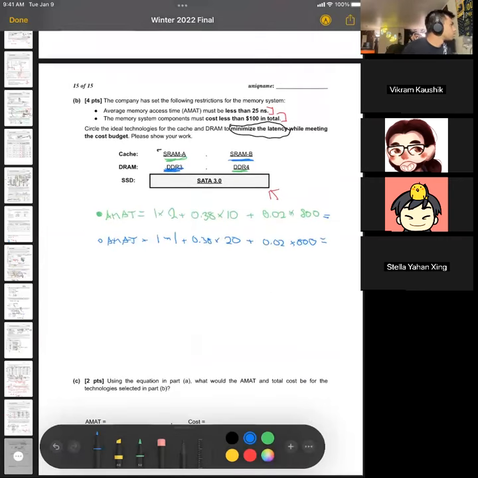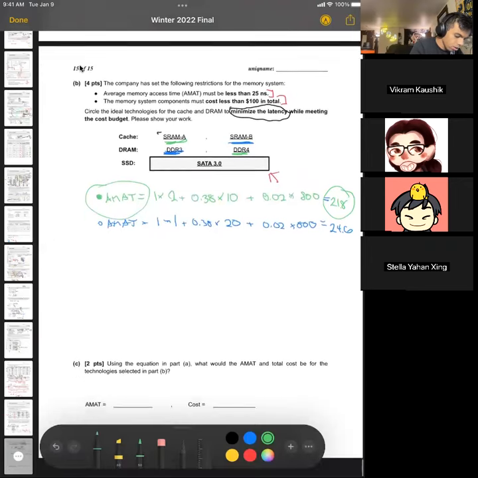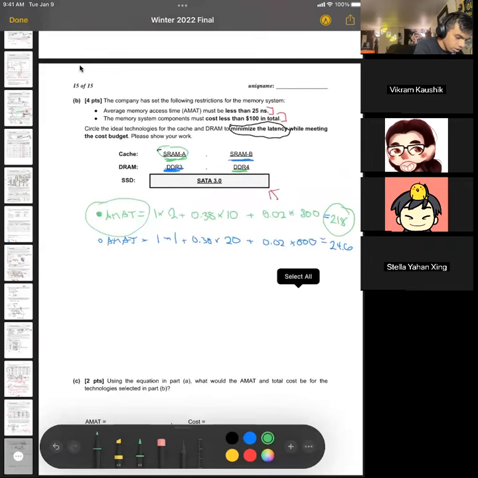If not, I can. I think the first one is 21.8. Okay. And the second one is 24.6. So we can tell that this one is better. It minimizes our latency, and so that's our answer. We would circle this and this.